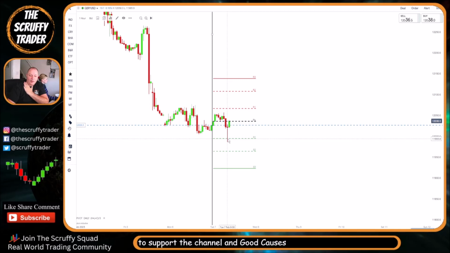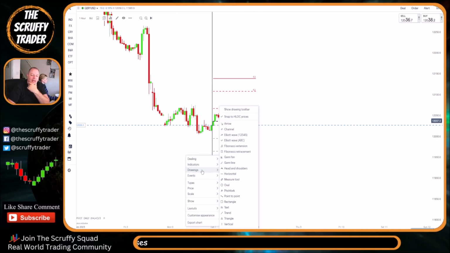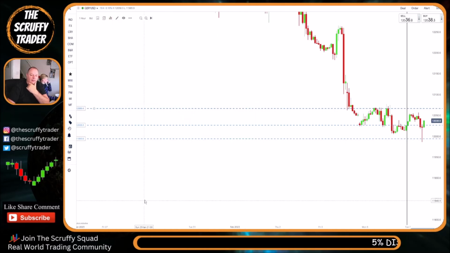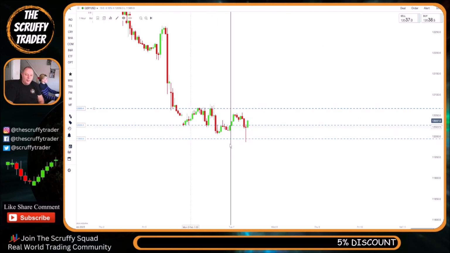So it's been down to S1. It's come back to the pivot. The question is, which one of these is it going to try and get to next? So we know it's coming here, and we know it's going there. All right. So you can use your pivots for this. So we've now built up some form of a structure.